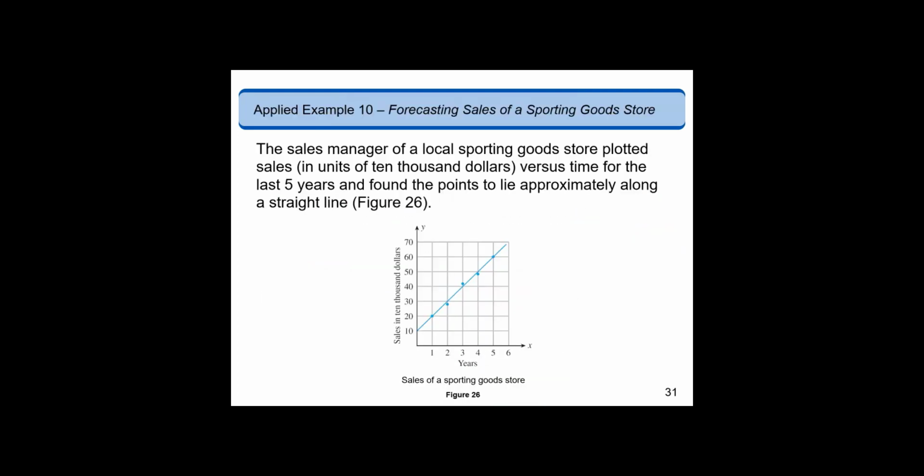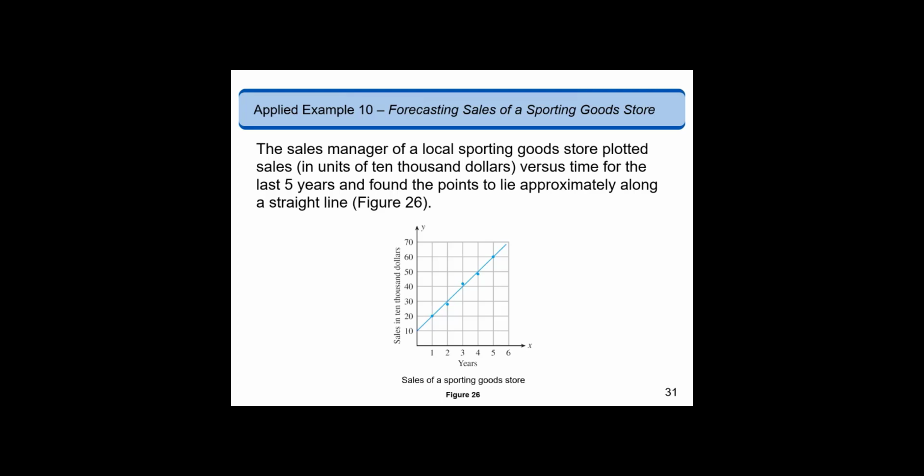So let's look at a real application: forecasting sales of sporting goods. The sales manager of a local sporting goods store plots sales in units of $10,000 versus time for the last 5 years. The points are found to lie approximately along a straight line.